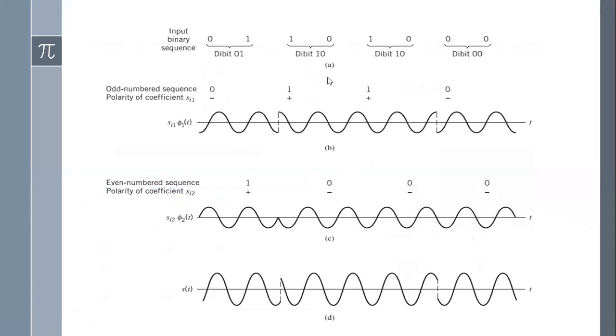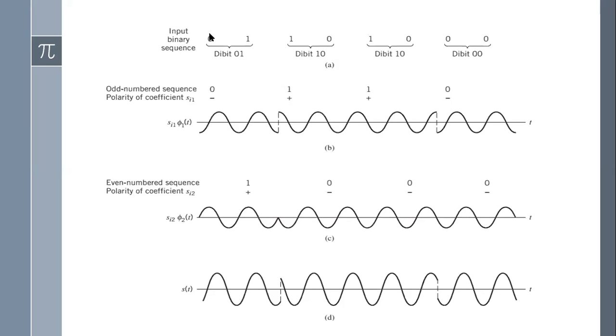This is the input data that I have, 0 1 1 0 1 0 0 0. This is the input binary sequence. Now I have to transmit this using QPSK. That means I will transmit both the bits at a time. So I will take the Si1 coefficient from the odd numbers.